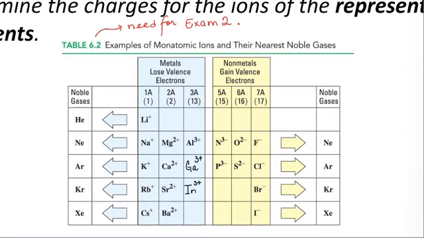In the case of nitrogen, when it gains 3 electrons, it looks like neon. Phosphorus, when it gains 3 electrons, it looks like argon. Understand that arsenic, which is right below phosphorus, when we look at the periodic table, is going to form covalent compounds. So that's why we don't have it in the table.